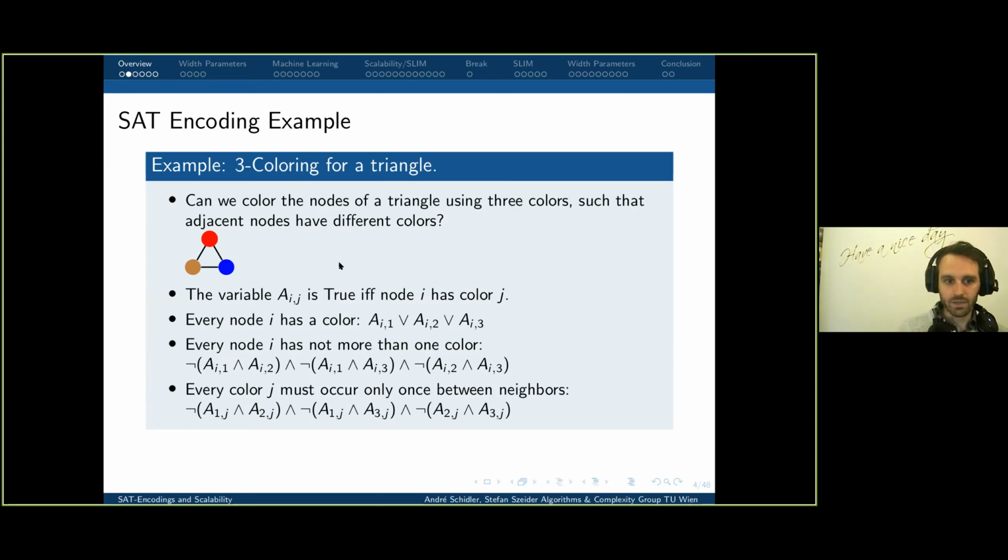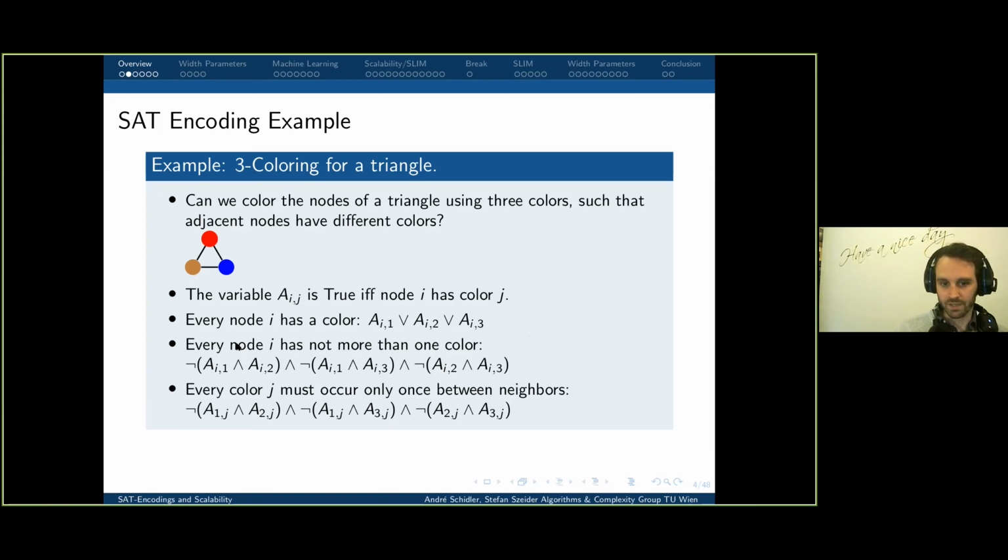So we want to color a graph in such a way that no adjacent nodes have the same color, and we have a variable for each node and color combination that is true exactly if the node has the respective color. First we have to make sure that every node has a color, so we have this disjunction that says it has color 1, 2, or 3.